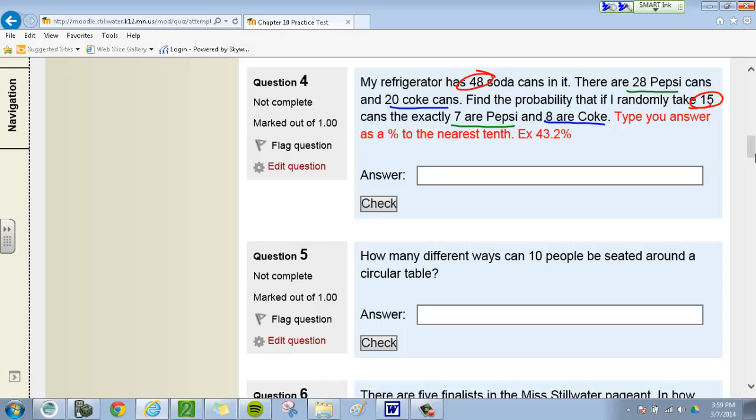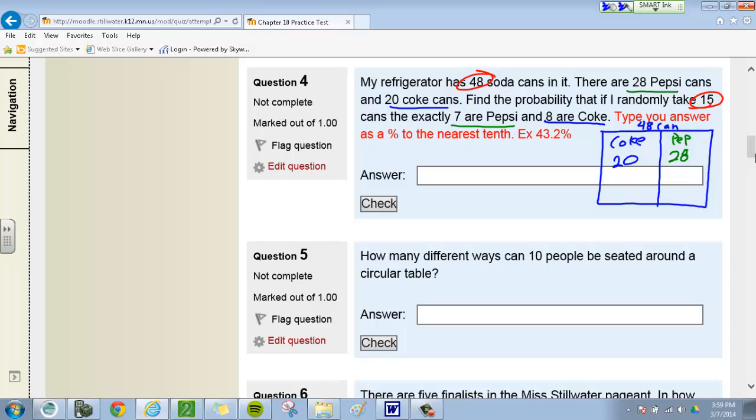Okay, so this is how you set this up. I do this table thing. All together we have 48 cans of pop. Those 48 cans split two ways. One way is the Pepsi, which is 28 cans, and the other way is the Coke, and that's 20 cans.